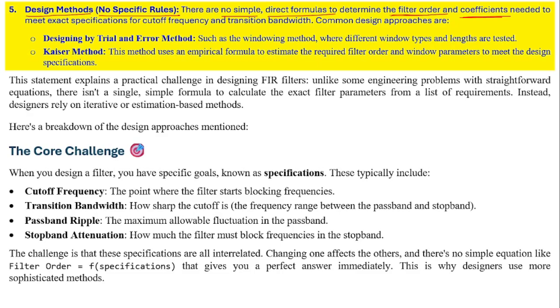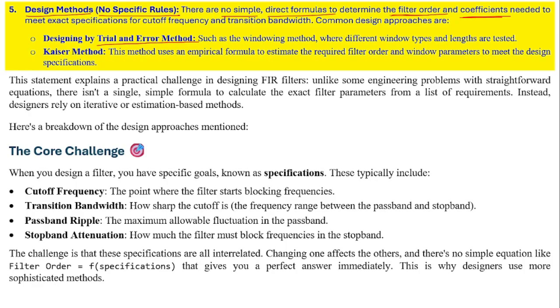So usually the common approach that is employed is the trial and error method. In such a method, we perform numerous computations and find out the best method that can work.